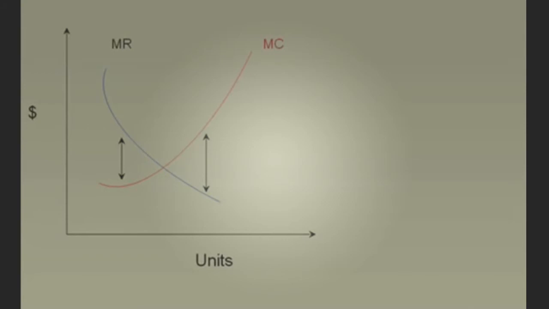For each additional unit, the cost is greater than the additional revenue. So, at what point do we maximize profit? It's proved mathematically. It's the point where MR equals MC. So, let's summarize. When marginal revenue is greater than marginal cost, keep producing.